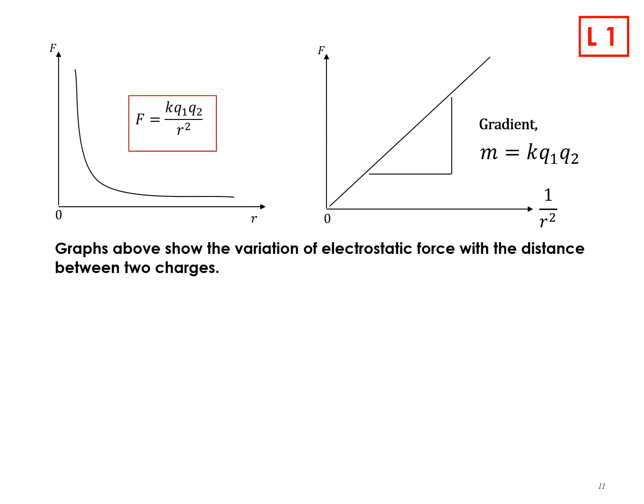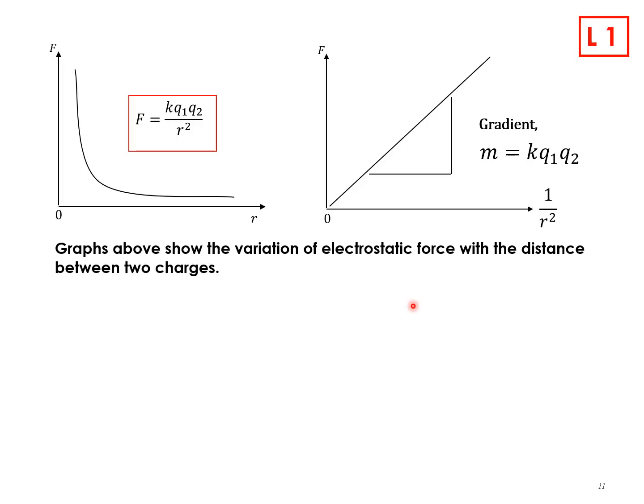Here are two graphs showing the variation of electrostatic force with the distance between two charges. The first one is the graph for F against r, while the second one is the graph for F against 1 over r squared.